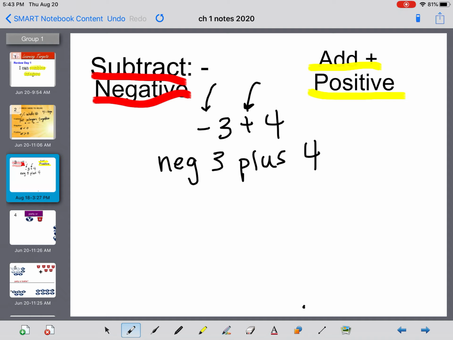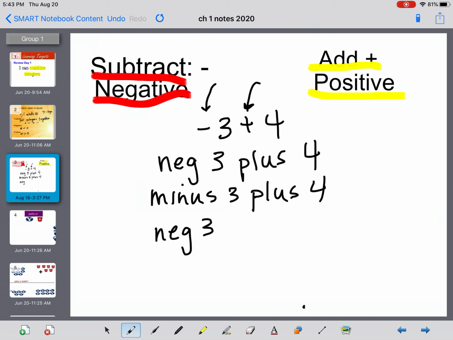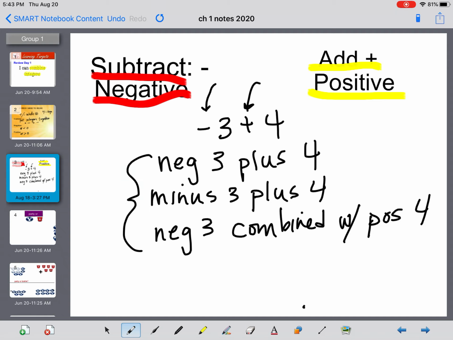Because another way that I could say this is minus 3 plus 4. And even another way that I could say this would be -3 combined with a positive 4. And all of these three things would be correct.